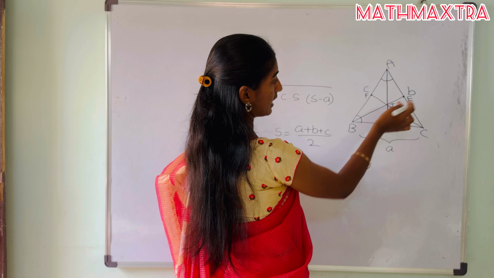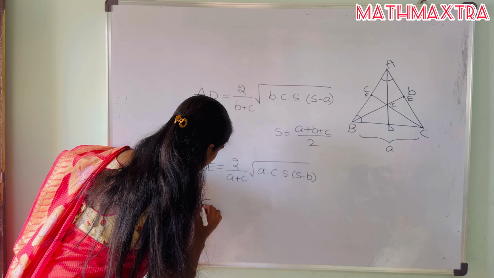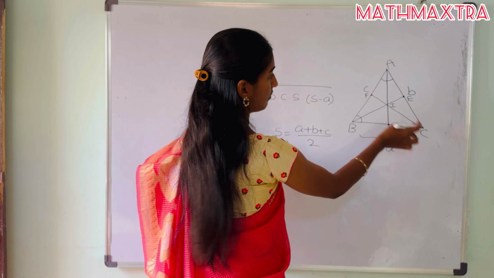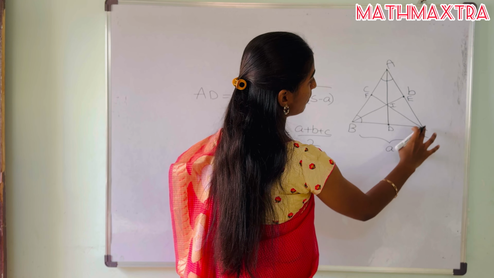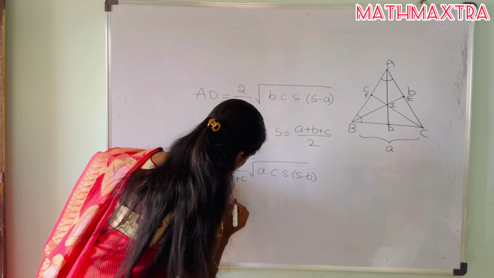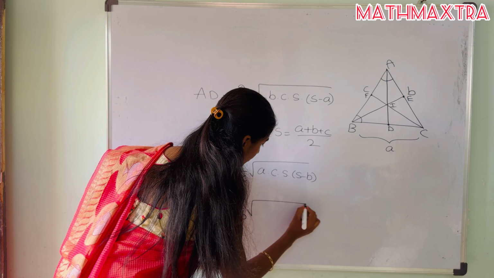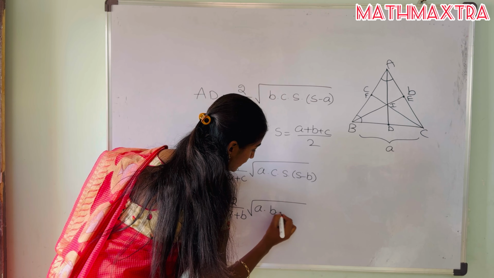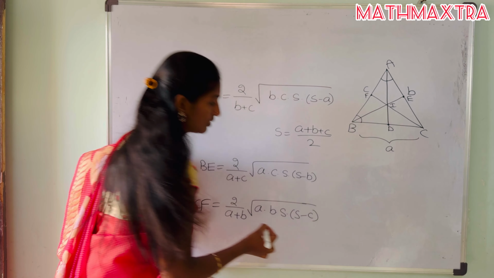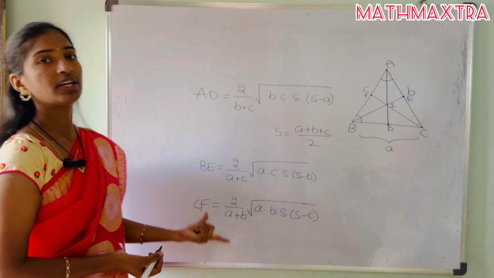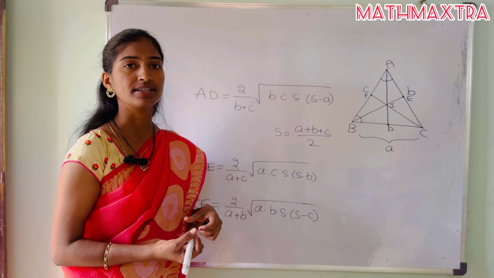This side b is exactly opposite to angle B. Similarly, you can write CF. The sides on either side of CF are b and a, so CF is 2 by a plus b, into the square root of a into b into s minus c. In this way we can calculate all the lengths of the internal angular bisectors.